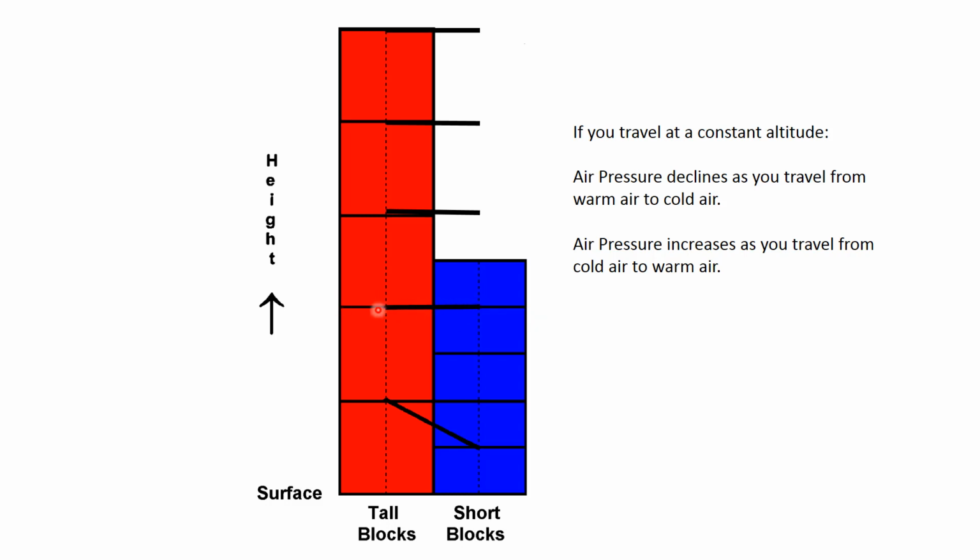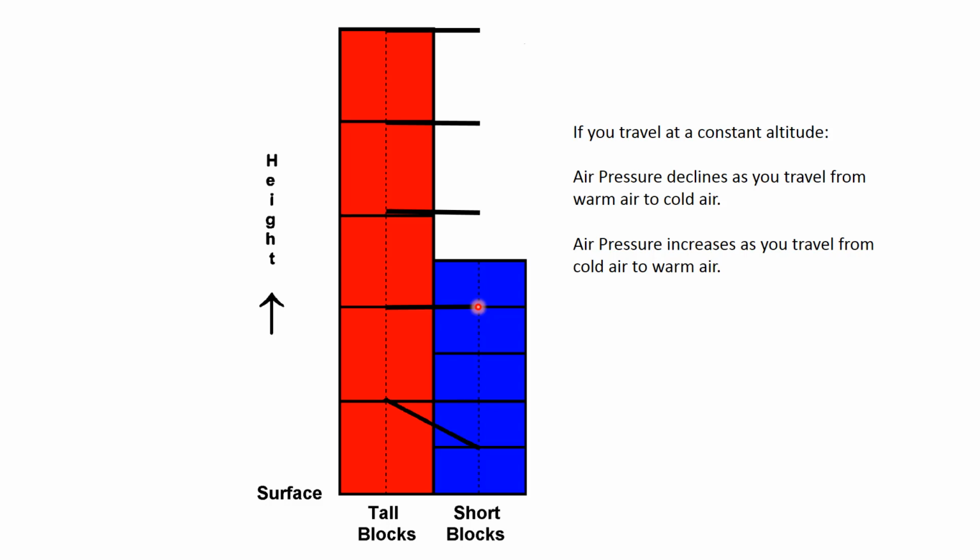And I start here in the center of the red stack, and currently I have 1, 2, 3 blocks above me, so my air pressure is 3. But then I jump on my Boeing 747 and fly over to the center of the short stack at the same elevation. So now I'm staying at the same elevation, but instead of having 3 blocks above me, I only have 1.